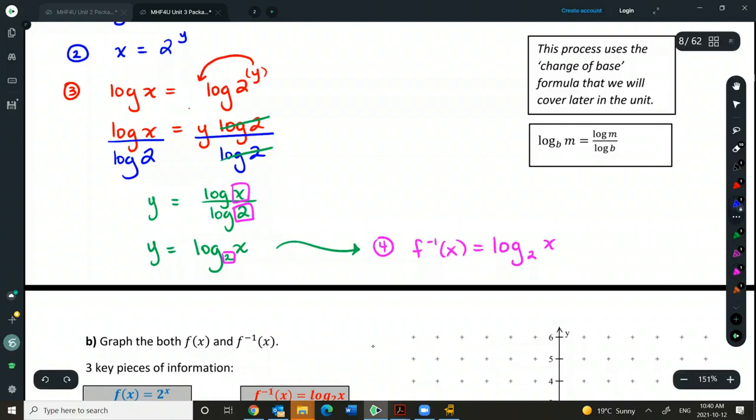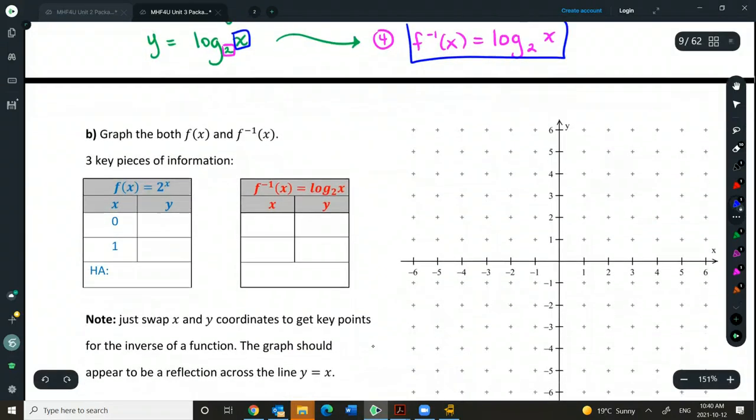Maybe I'll put that in blue. Okay, so this is our inverse function. That's the final function here. And we're actually going to graph both of these below.